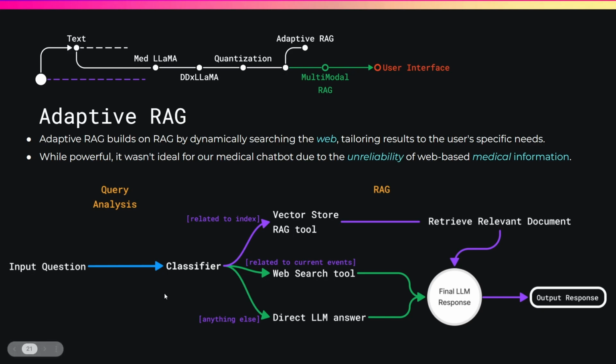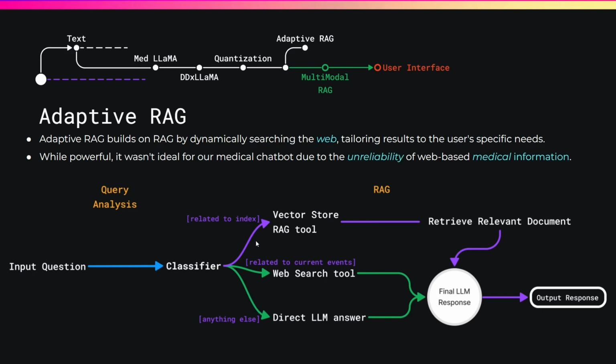So basically, this classifier is just a small LLM that is used for classification of the input, whether that input belongs to the vector store or not. If it belongs to the vector store, then we use the vector store to retrieve and then generate.